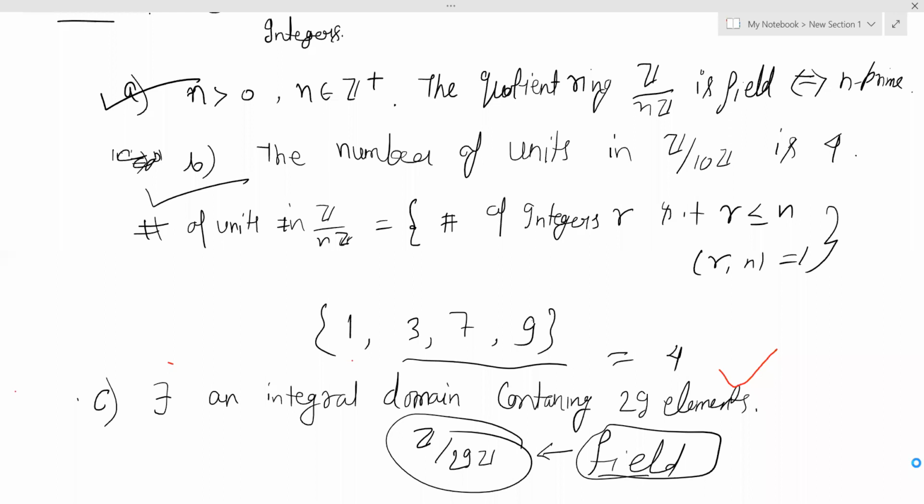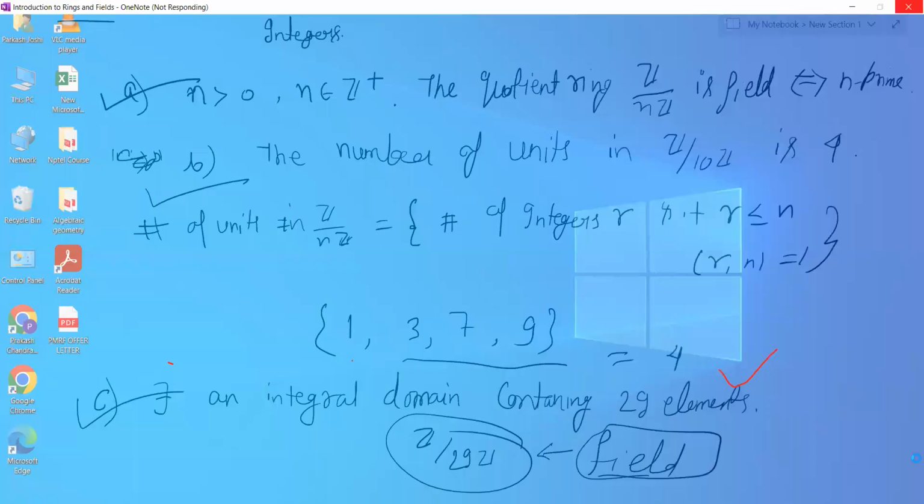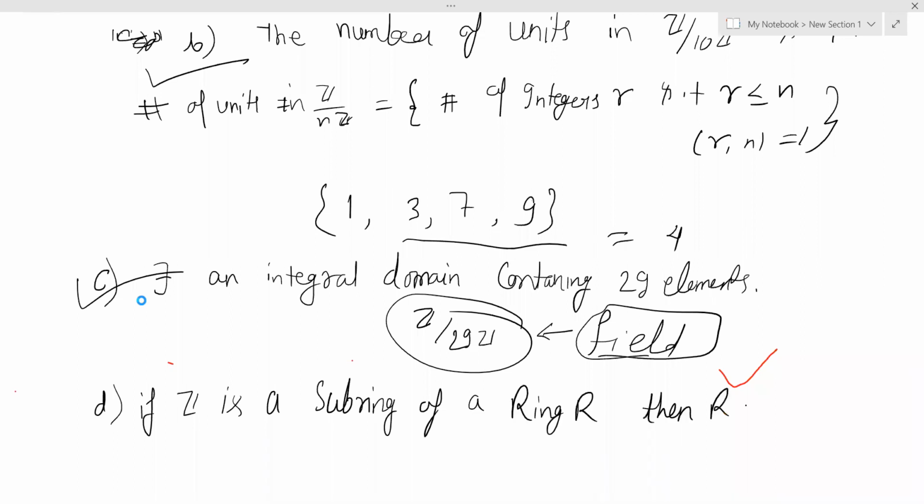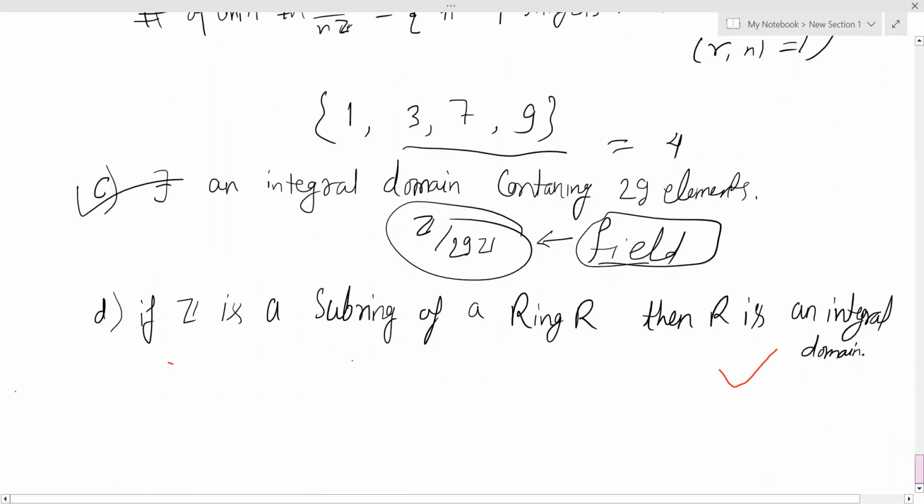Z is a subring of a ring R. Then R is an integral domain. Correct or not? Tell me. Muthukumar, tell me.